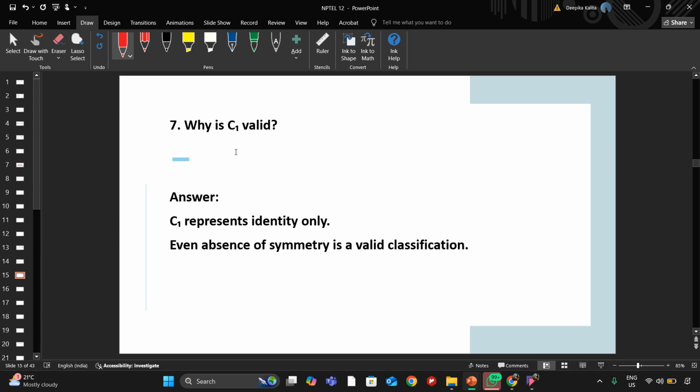Okay, and molecules which will be containing C1 point group, they do not have any symmetry elements, no axis of rotation, no reflection planes, and no center of inversion. And if you are asked to give an example, we can write substituted methane of this type.